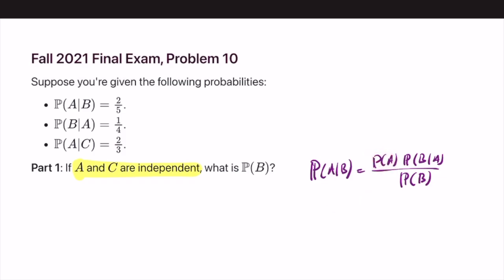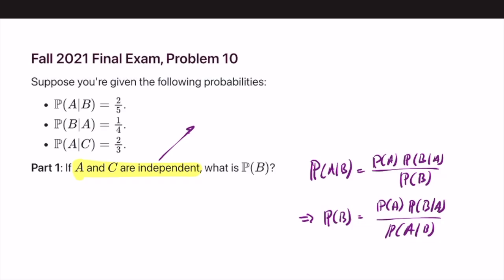For example, we can rearrange Bayes' theorem to be the probability of B equals the probability of A times the probability of B given A over the probability of A given B. And we also know that since A and C are independent, what else can we do?